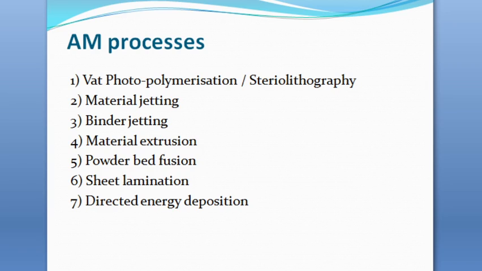The methods of additive manufacturing are vat photopolymerization or stereolithography, material jetting, binder jetting, material extrusion, powder bed fusion, sheet lamination and directed energy deposition.